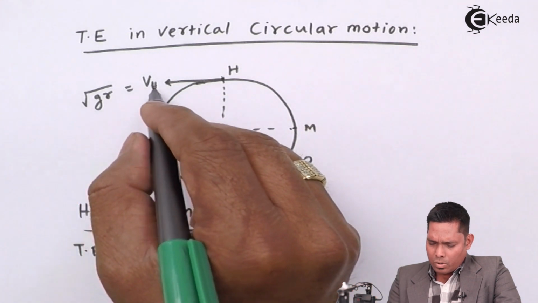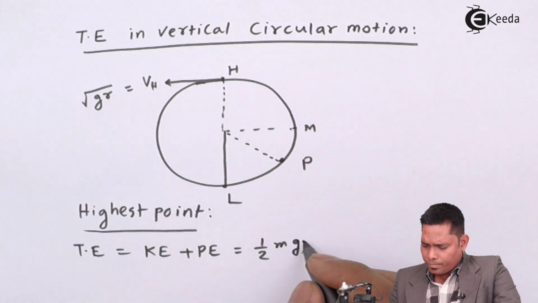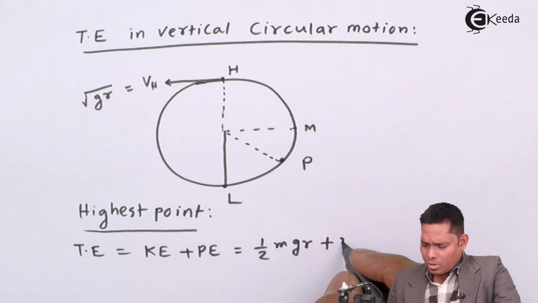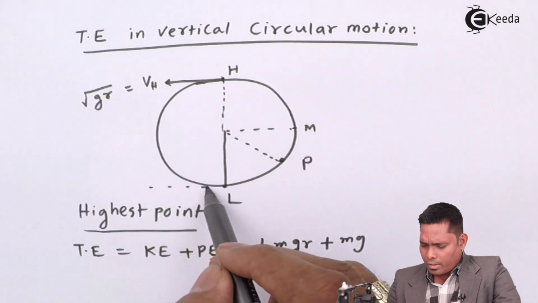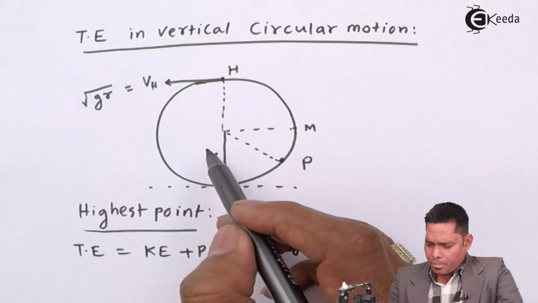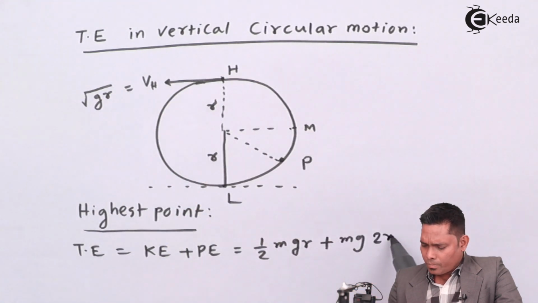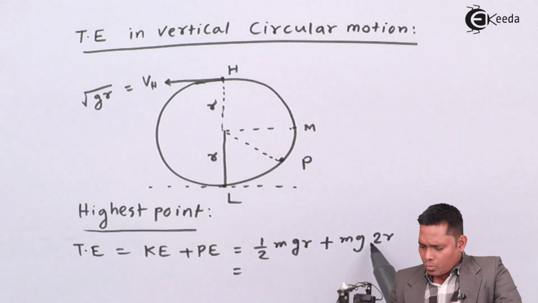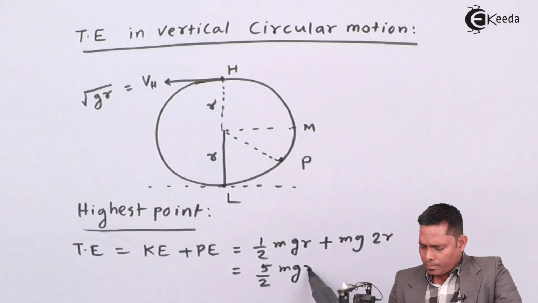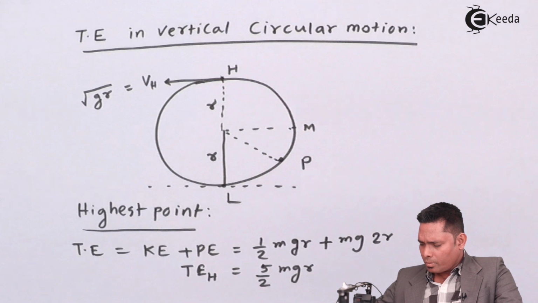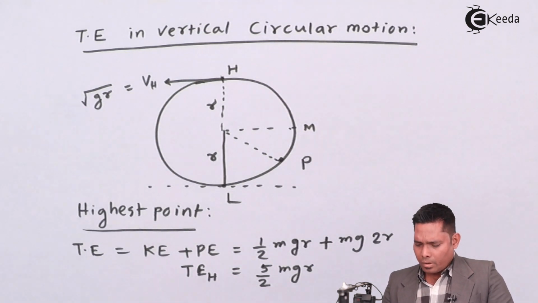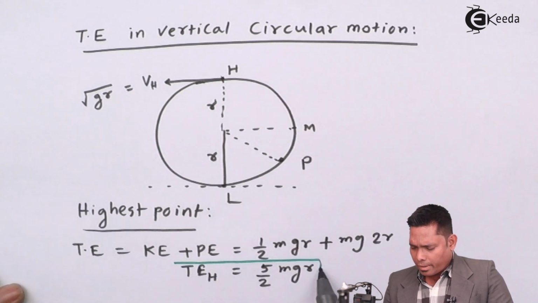So squaring, Vh squared is gr, plus the potential energy mgh, and h is the height from the reference line. This height is r plus r, that is 2r. If I add them up, half mgr plus 2mgr is 5 over 2 mgr. This is the total energy at the highest point.